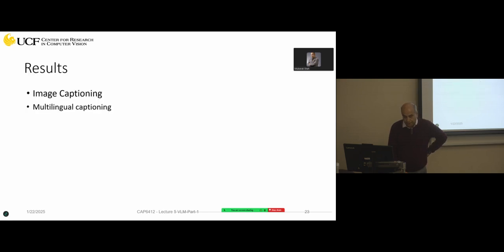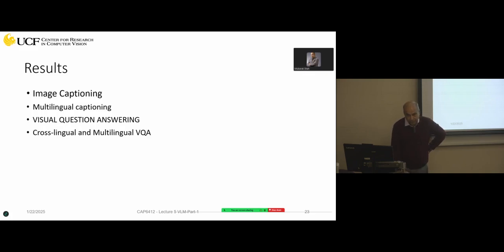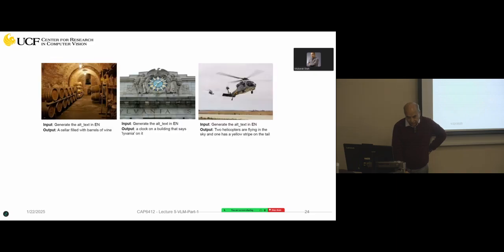So the results are that they can do image captioning, they can do multilingual captioning, they can do visual question answering, they can do cross-lingual and multilingual VQA, they can do zero-shot image classification. So that's why it's called a foundation model. It can do a lot of things. So suppose given an image like this, generate the alt text in English.